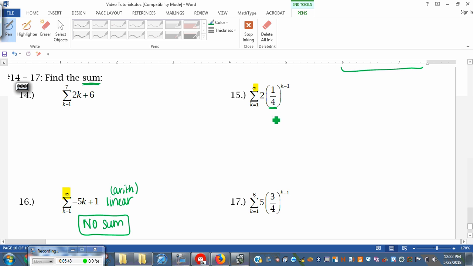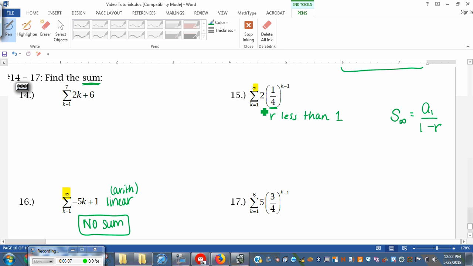Now here, because r is less than 1, we can find it using our geometric infinite series sum. And that's just where the sum of the infinite series is the first term divided by 1 minus r.